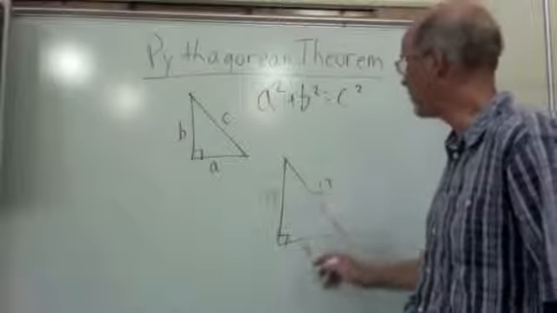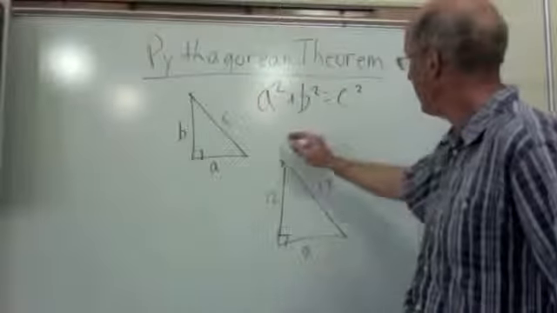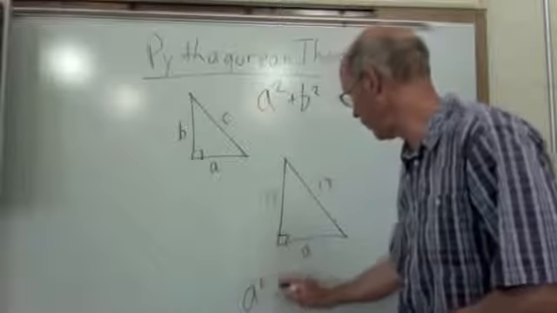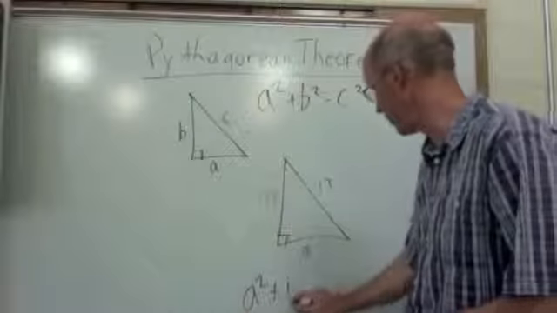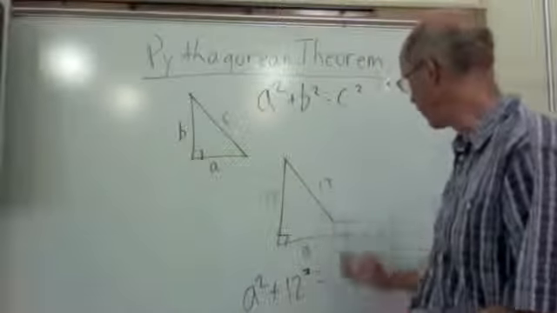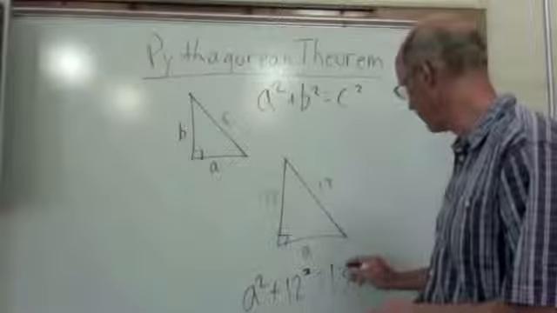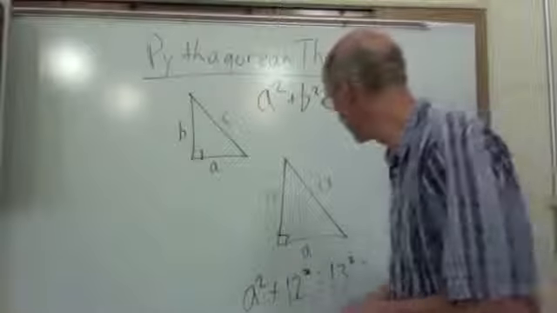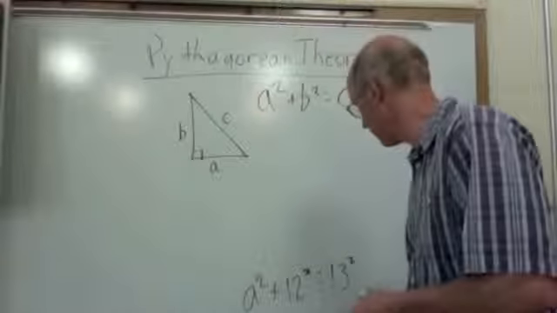So remember, if we write down our equation, A squared plus B squared, which is going to be 12 squared, is going to equal the hypotenuse squared. And now with algebra, you can solve this.